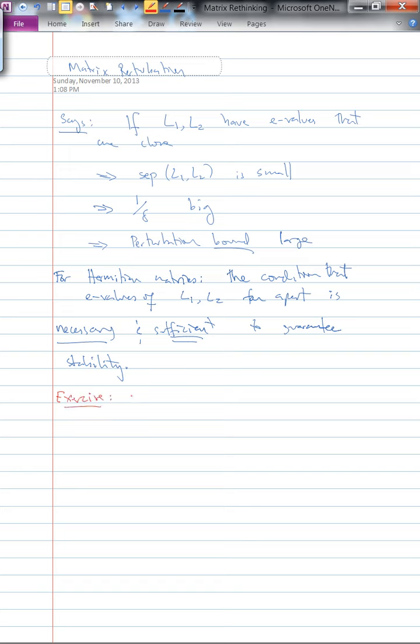So this exercise shows that for non-Hermitian matrices, it's possible for the separation of L1 and L2 to be small. Again, small is not what we want. We want it to be big. But to have the eigenvalues of L1 and L2 be well separated.